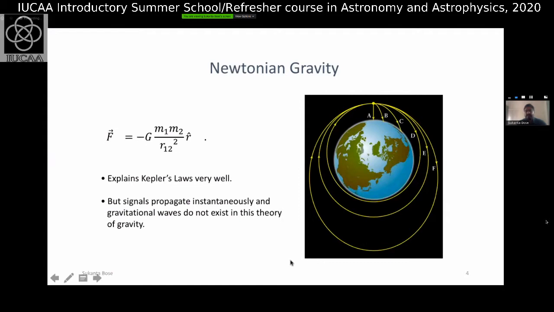But that is inconsistent with the special theory of relativity, right? Which says that any information can at best travel at the speed of light in vacuum. So the news of the Earth vanishing should take finite time to reach the satellites. It should take of the order of about 4 seconds to reach the moon, right? And only then would the moon's orbit react.